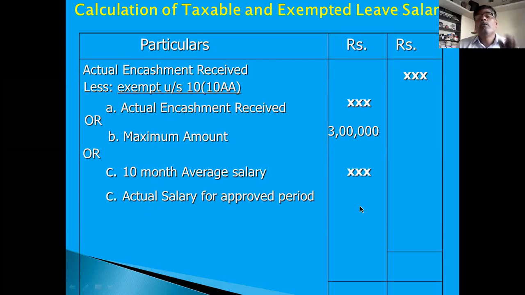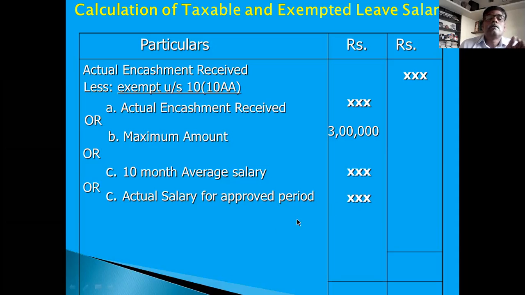Approved period means how many leaves not used you take and convert them into 30 days as 1 month. Then 30 days for 1 month salary, and you multiply 1 month salary into the number of months availed, then you will get the actual amount of the approved period.